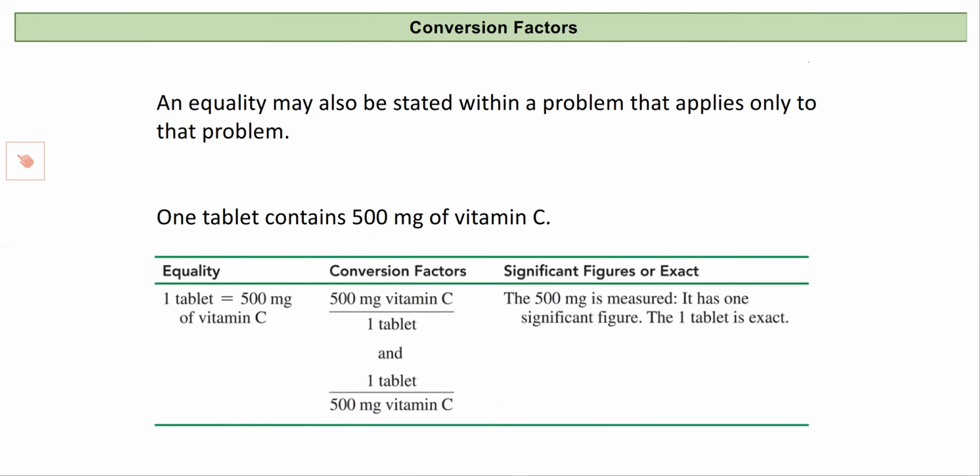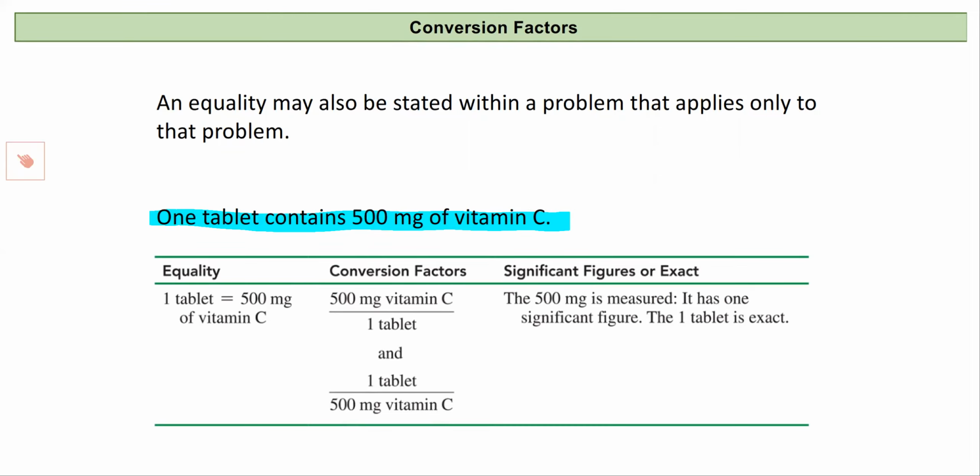Sometimes our conversion factors won't be stated as an equality. Sometimes it'll be something you have to extract from a problem's context. If you see a sentence in a word problem that says that one tablet contains 500 milligrams of vitamin C, you're being told a conversion factor. It's being written out.